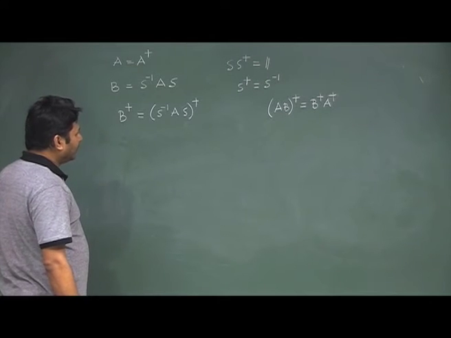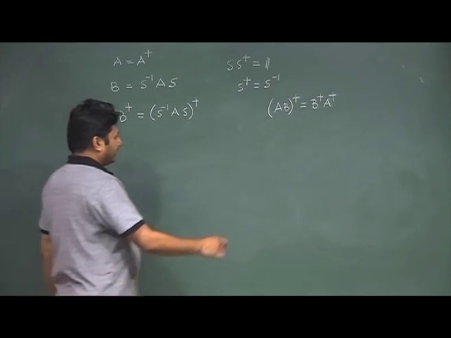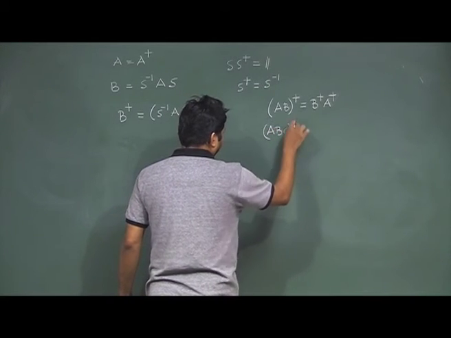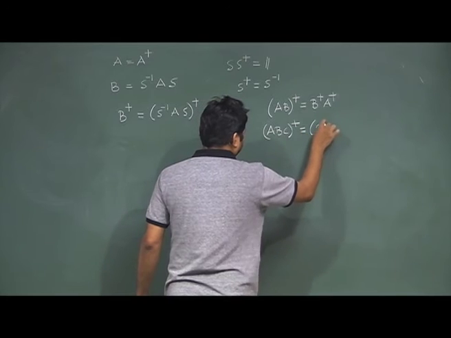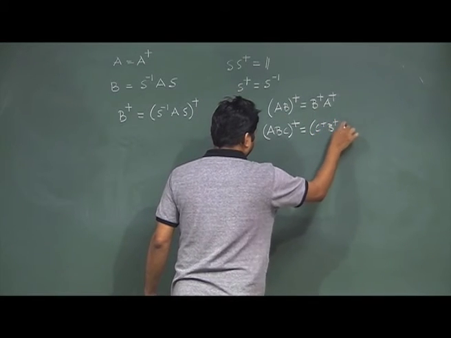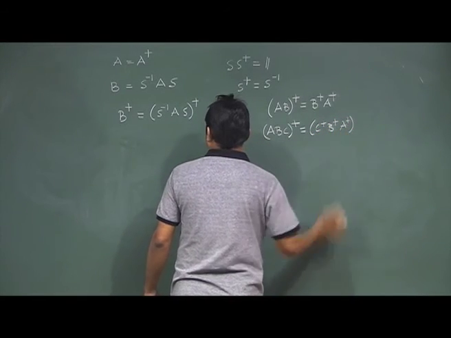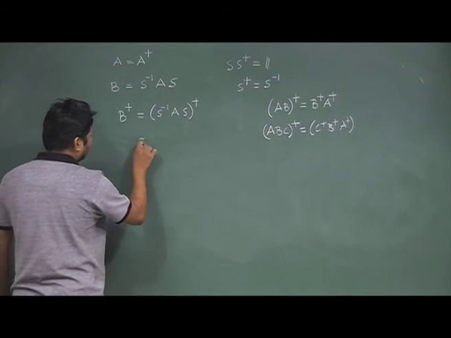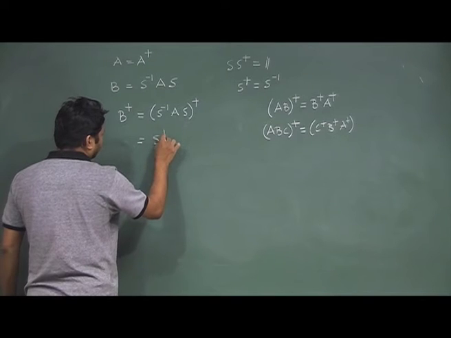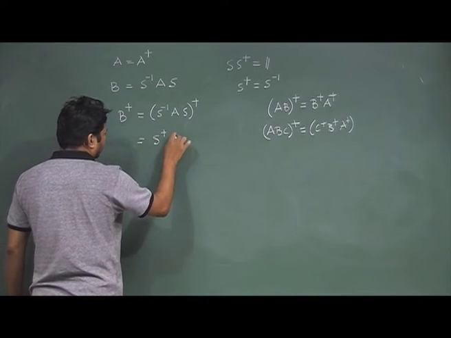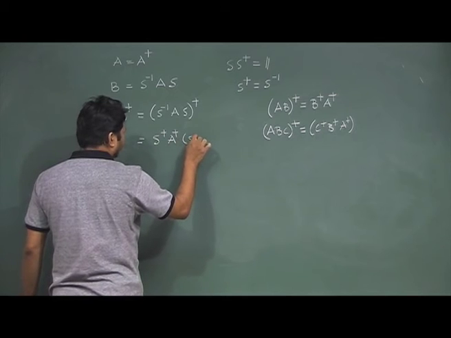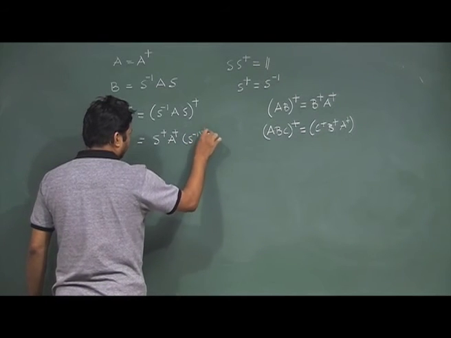Or ABC whole dagger is C dagger B dagger A dagger. If I do that, then it will be S dagger A dagger and this S inverse whole dagger.